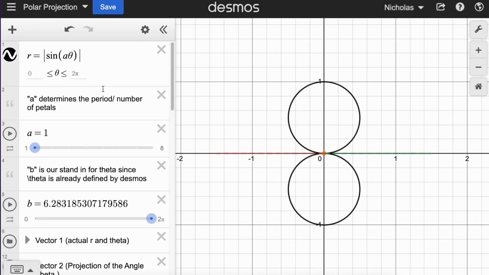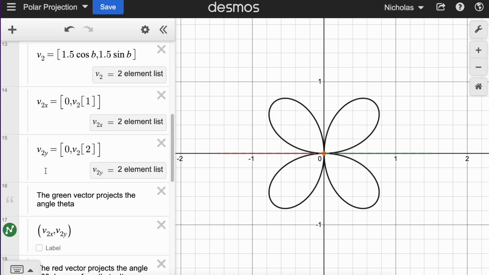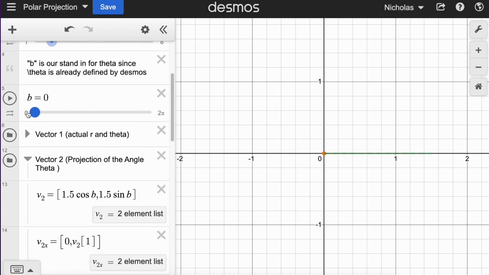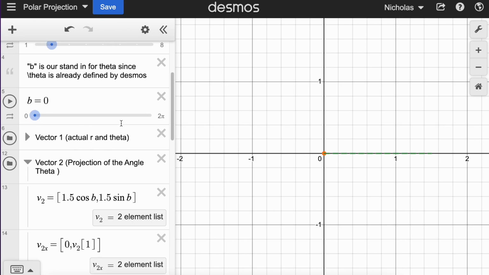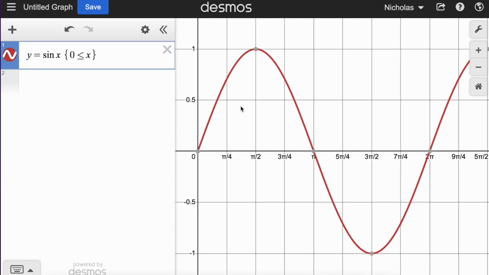So now let's think about if we increase the a value, so like sine of 2 theta, for example, we end up with 1, 2, 3, 4 petals. And so what's happening here is that if I take my angle and sweep it out, since it's 2 theta, everything's now happening twice as fast. So here's an example.